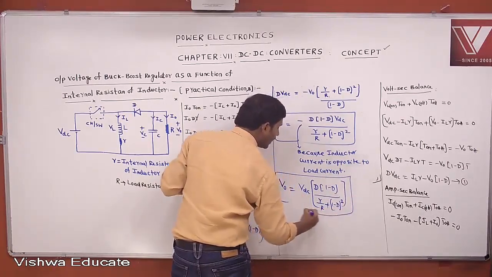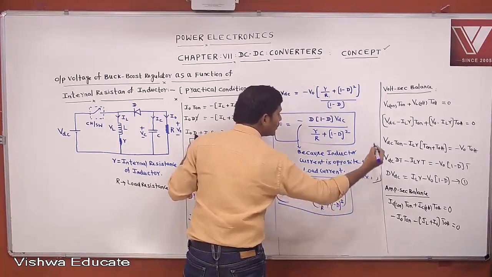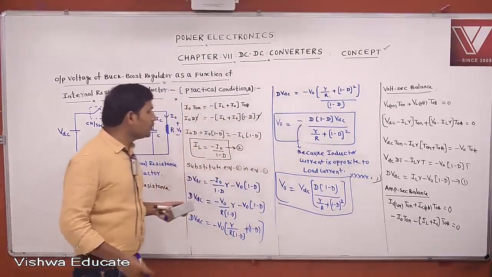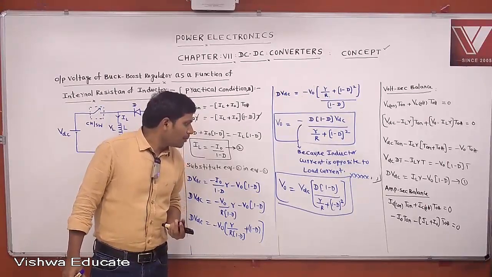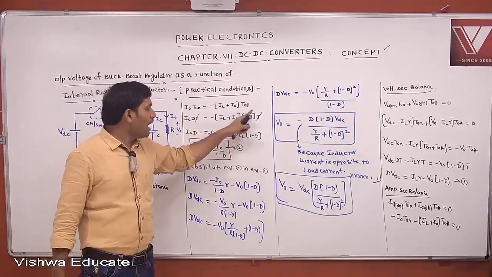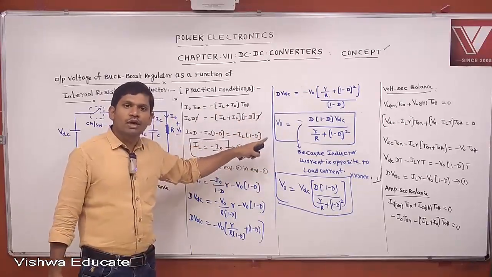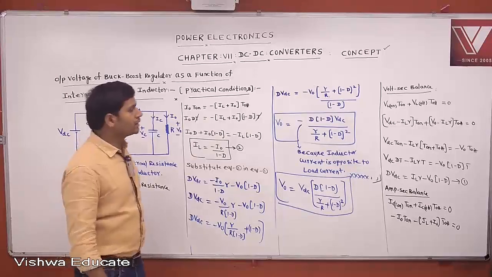No need to take negative in the calculations; you know the reason for the negative sign. Okay, this is the expression for average output voltage of buck boost converter by considering internal resistance of inductor. Quick, note down.